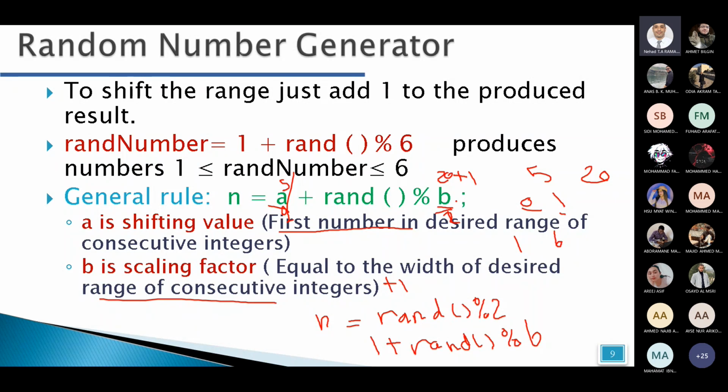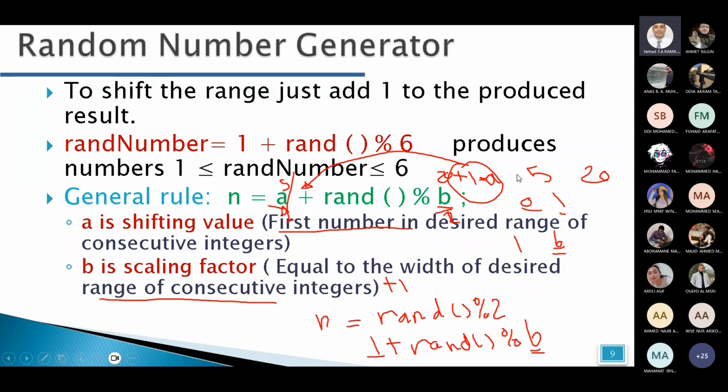Why mod 6? You said plus 1 here because you add this plus 1 here. So it's plus 1 minus A to make it more correct. Plus 1 minus A. A is 1. So plus 1 minus 1 means it stays 6 as it is.